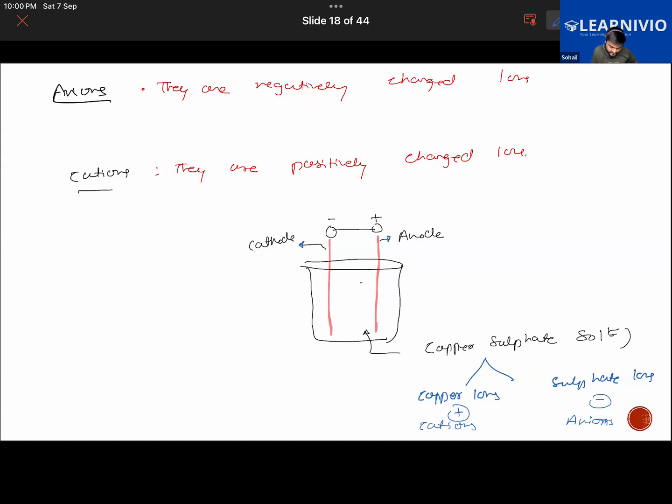While the copper, being positive, will get attracted towards the cathode, which is negative. So another thing to be noted down is that anions are attracted towards the anode, while cations are attracted towards the cathode.